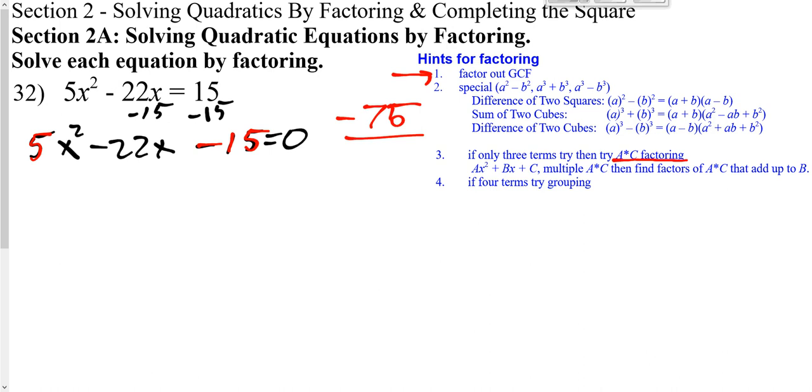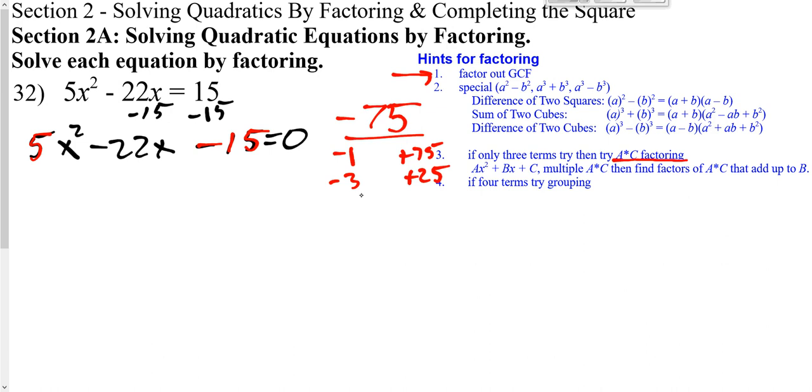Then you want to start listing factors of 75 that somehow add together to give you that minus 22. You'll notice here when we add these together, we get positive 22.